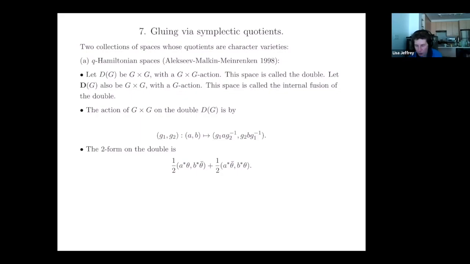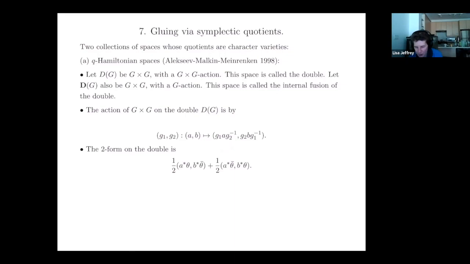This is called the internal fusion of the double. This is how the action of G cross G looks: left multiplication, and right multiplication by the inverse on the other side, and right multiplication for G2, and then left multiplication for the A2.